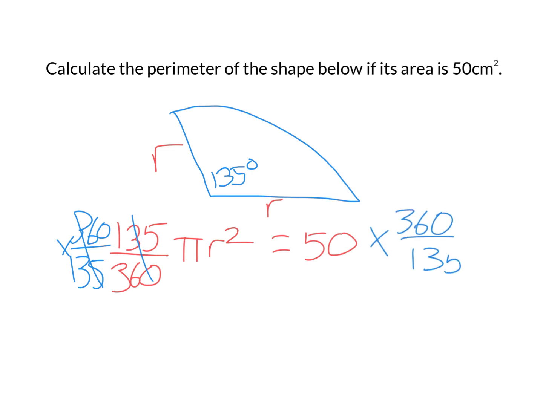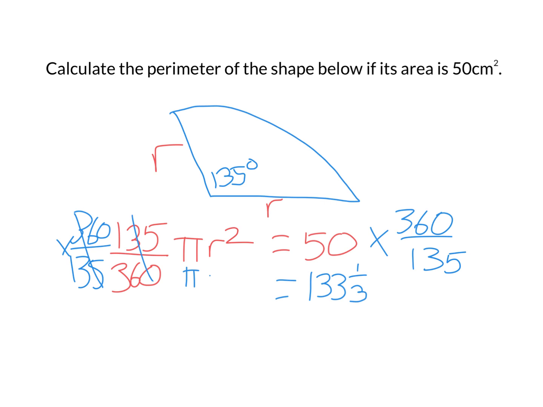So our first step here is 50 times 360 over 135. So when we put that in our calculator, we get 133.3 recurring, or if you like, 133 1/3. So that is the area of a full circle. If this were a full circle with the same radius, it would have area 133.3 recurring.